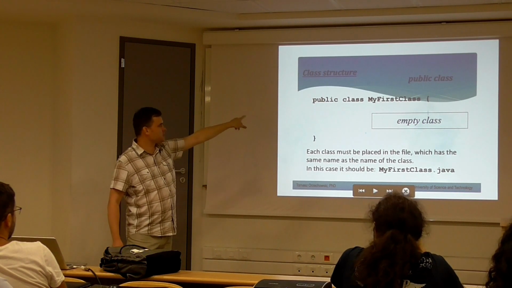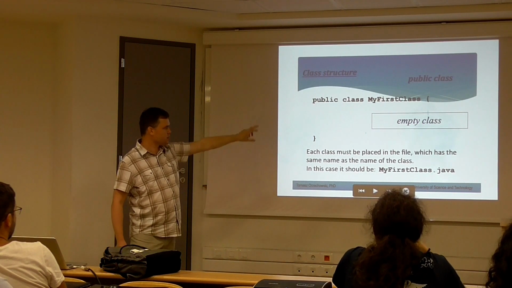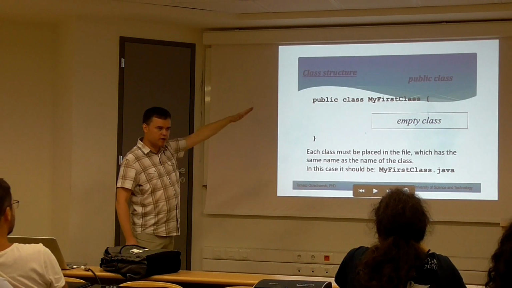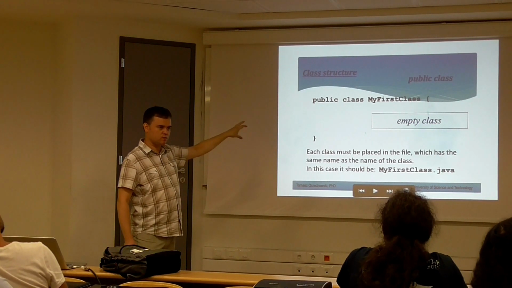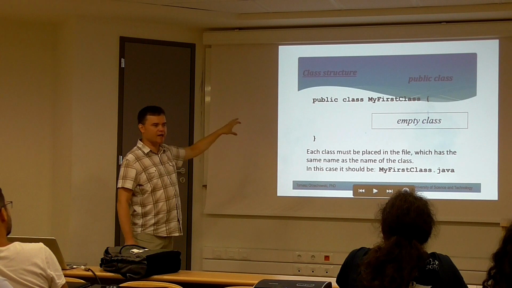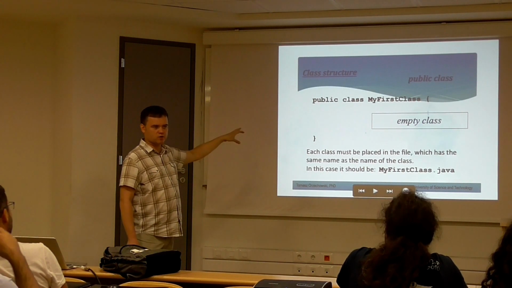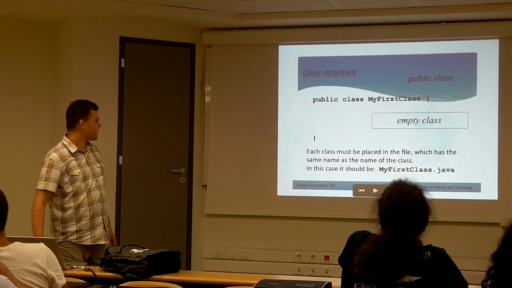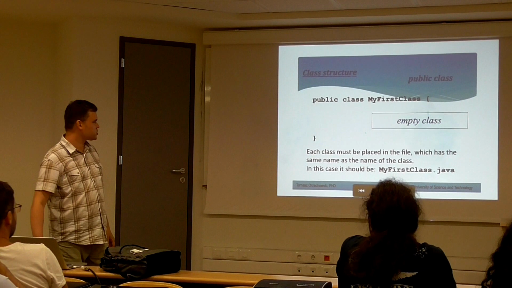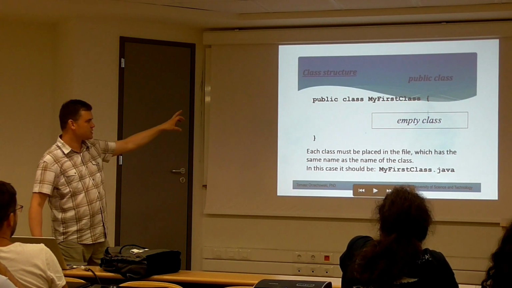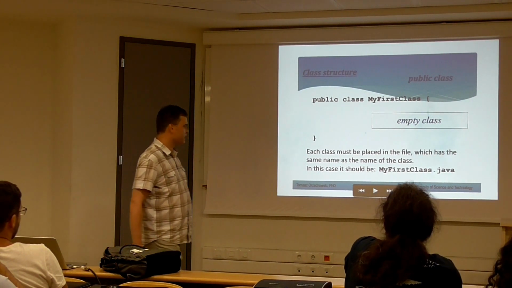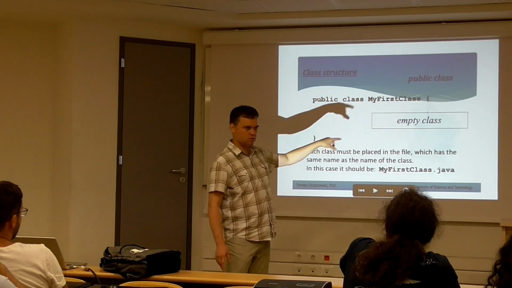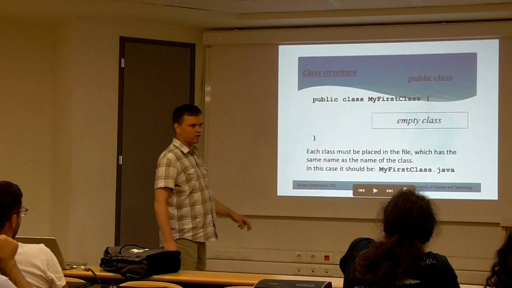So public class and the name of the class. Now we can add curly braces, and in this area we can add constructors, fields, and methods. The most important thing in Java is that the name of the class must be the same as the name of the file plus the extension .java.